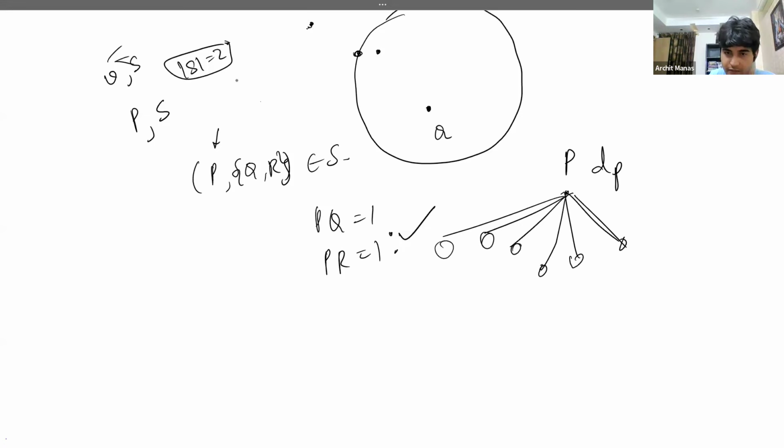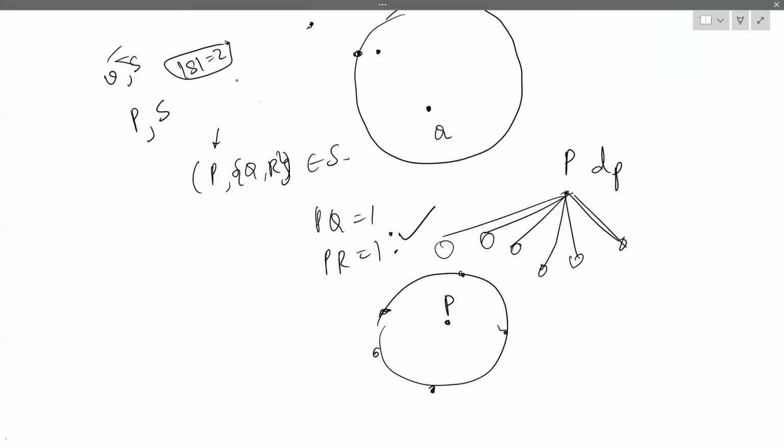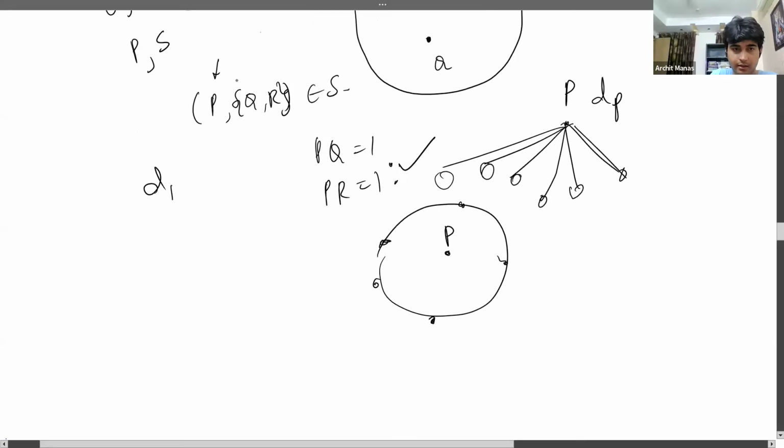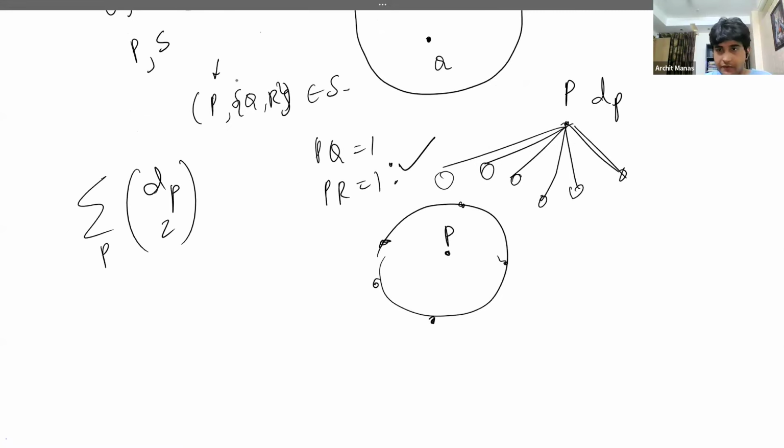So all of these are at distance 1. So you have P, the circle, and you have d(P) choose 2, exactly. And this is going to get summed over all the points. So you have exactly this many pairs, first of all, right?